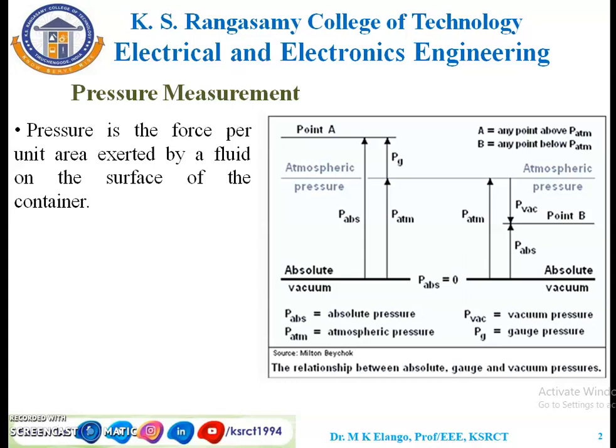And when we look at the gauge pressure, the pressure measuring instrument generally measures the difference between the unknown pressure and the atmospheric pressure. When the unknown pressure P is greater than the atmospheric pressure, that is shown in this figure.